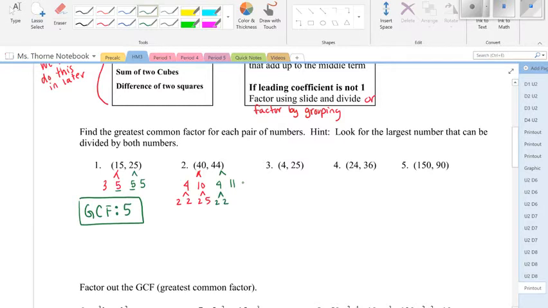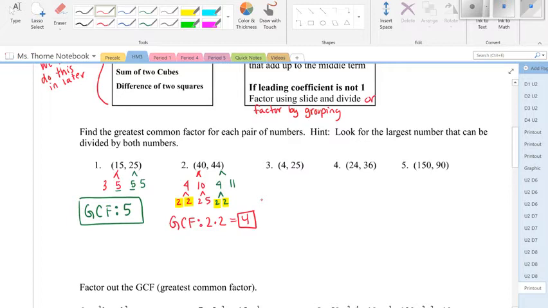So now we're going to look for our greatest common factor. So we can see that there's a 2 here, and we also have another one. And then that looks like that is it, because 2, 5, and 11 aren't the same. So if we have 2 times 2, that means then our greatest common factor would be 2 times 2, which is equal to 4.